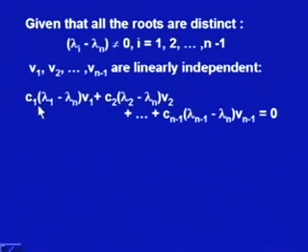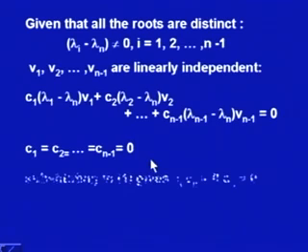The sum of this linear combination is 0, which simply means that C1, C2 up to Cn minus 1 have to be 0, because V1, V2, up to Vn minus 1 are linearly independent. So, C1, C2 up to Cn minus 1 are all going to be 0.